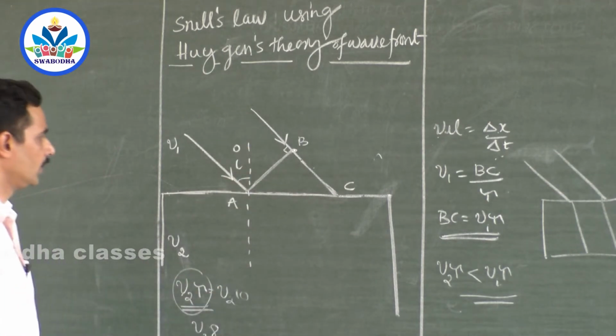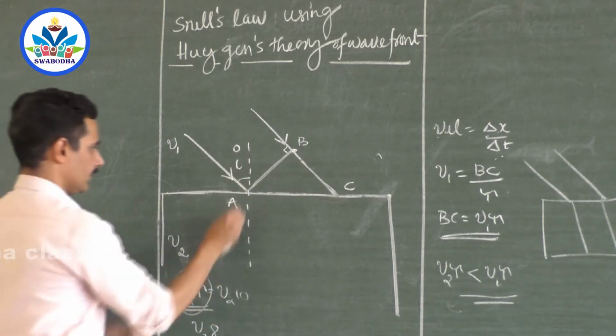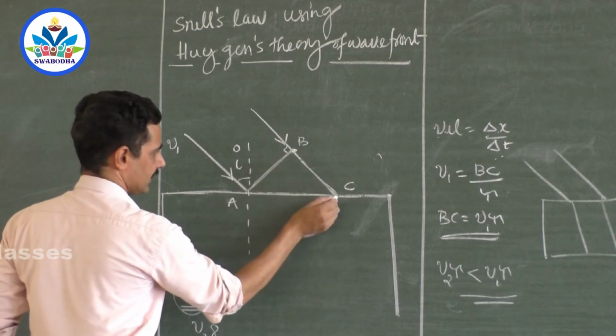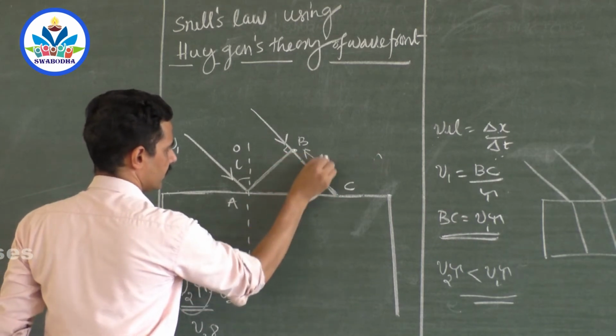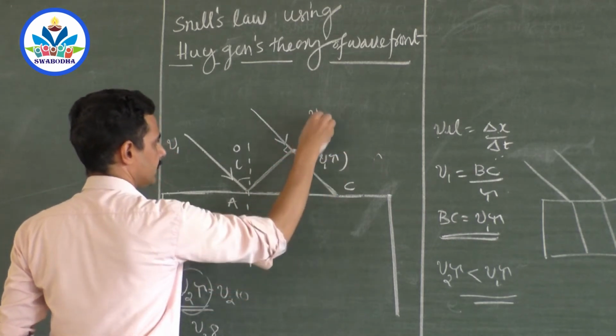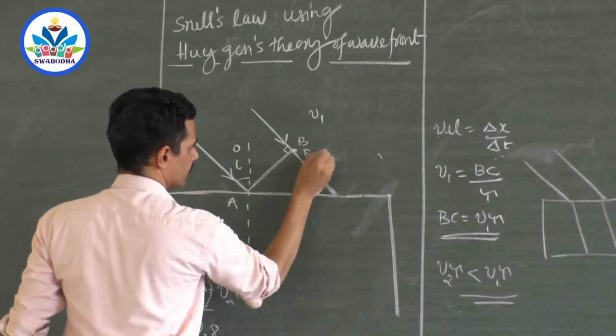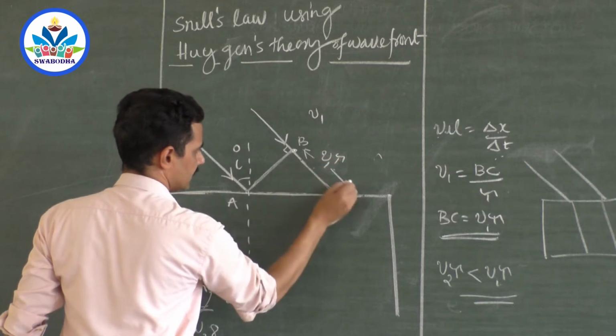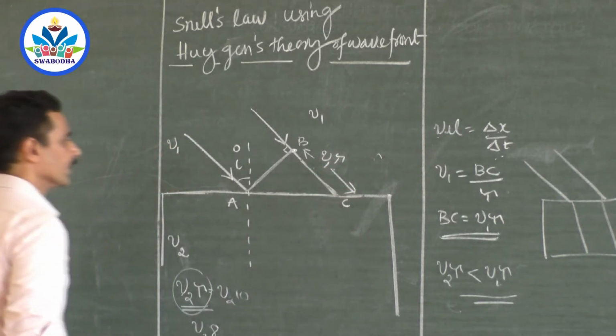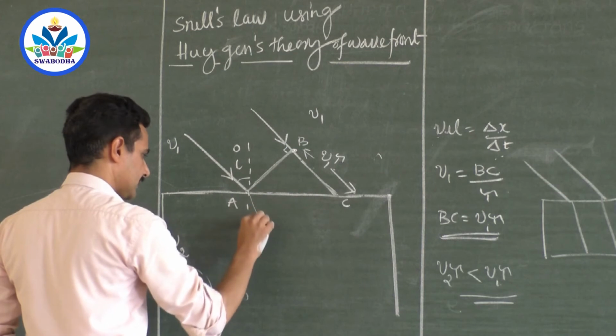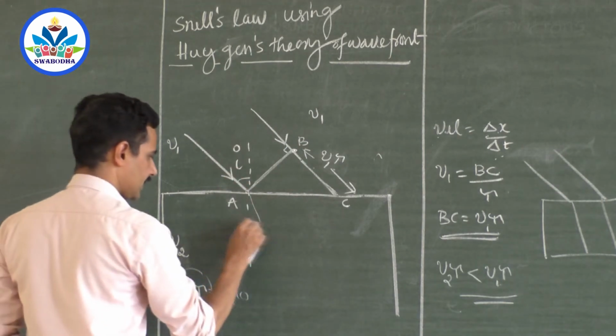If you want to know where the wave is by the time this reaches here, this will travel a distance of V1 tau, because V1 is the speed of light in the first medium, and this is V1 tau, this distance. This is C, and this will travel a lesser distance, V2 tau. So just an arc is enough.